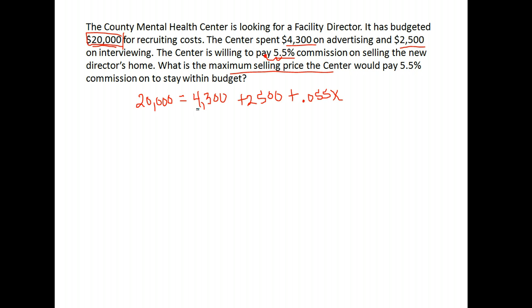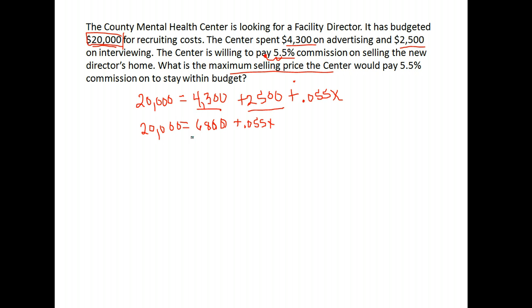Again, we want to solve this, so we start by combining these two like terms, the 4,300 and the 2,500. That gives us 6,800, and it's equal to 20,000.